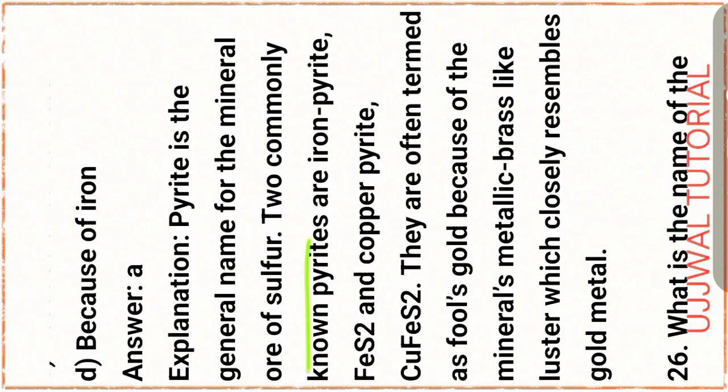Two commonly known pyrites are iron pyrites, FeS2, and copper pyrites, CuFeS2. They are often termed fool's gold because of the mineral's metallic brush-like luster, which closely resembles gold metal.